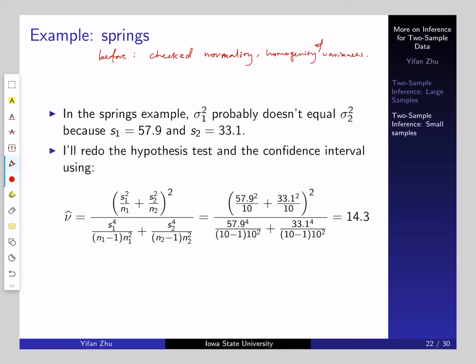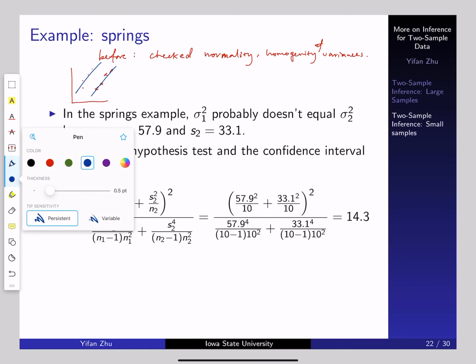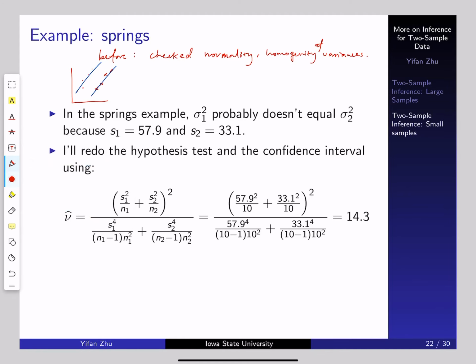We have two QQ plots on the same plot, and we have checked that they are almost straight lines, and these straight lines are almost parallel for this springs example.